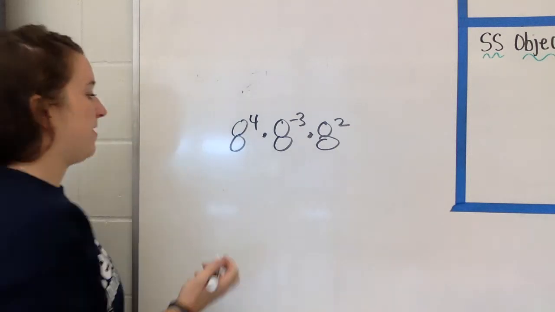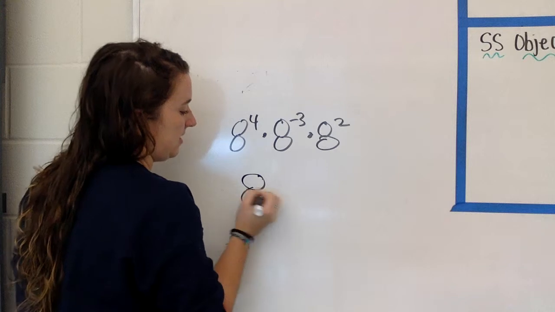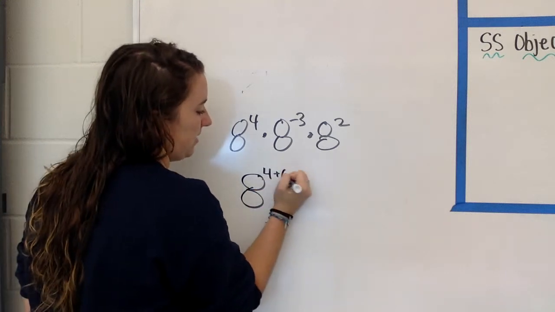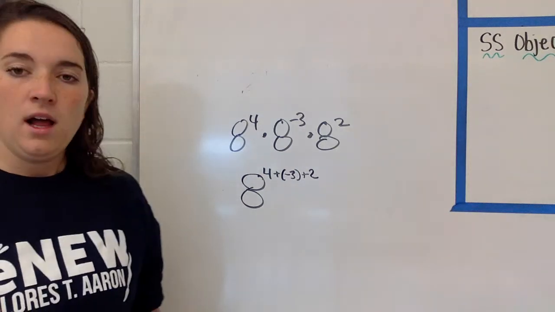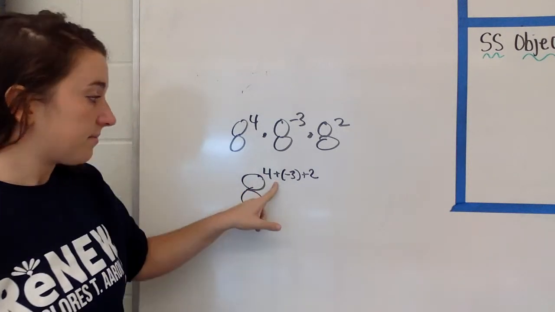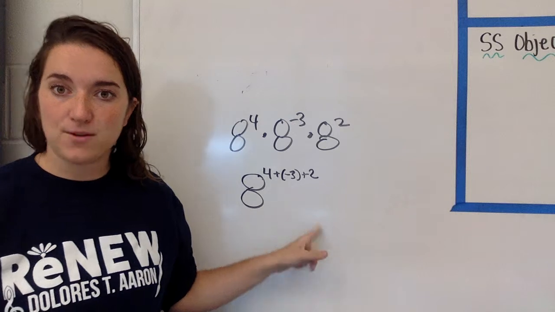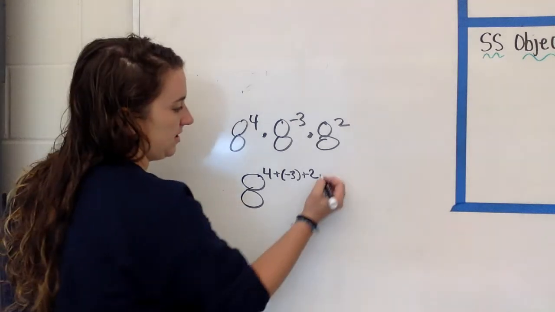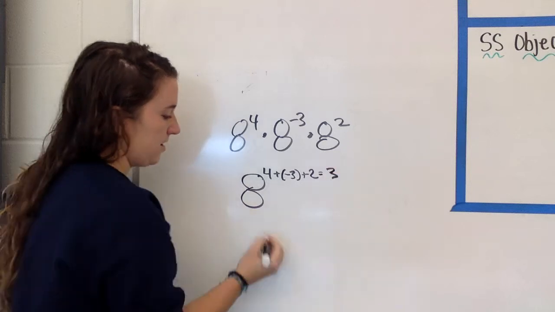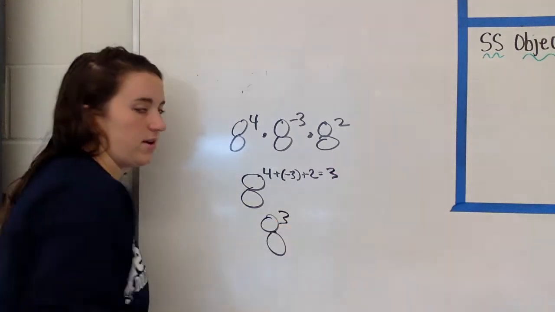Yes, I will add them. So I'll keep my base. I'll do 4 plus negative 3 plus 2. If you don't have a calculator, go ahead, grab one. 4 plus negative 3 plus 2 is going to give us what? 3. So I'll have 8 to the 3rd power.